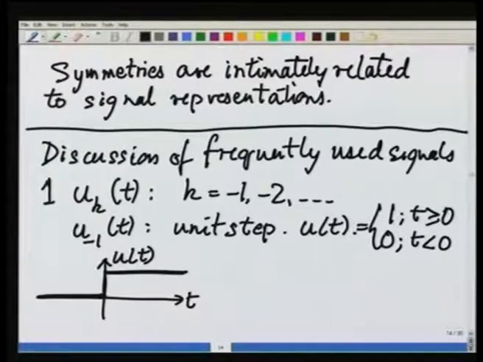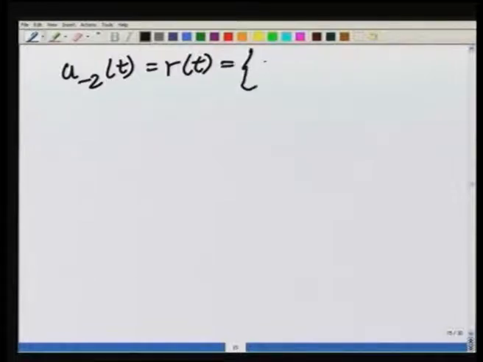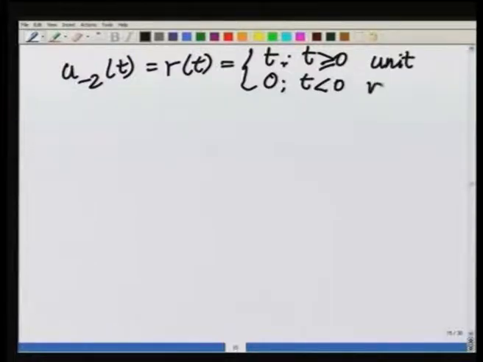The second member is called the unit ramp, u minus 2 of t, often called r of t, and defined as equal to t for t greater than or equal to 0 and 0 for t less than 0. It is called the unit ramp.